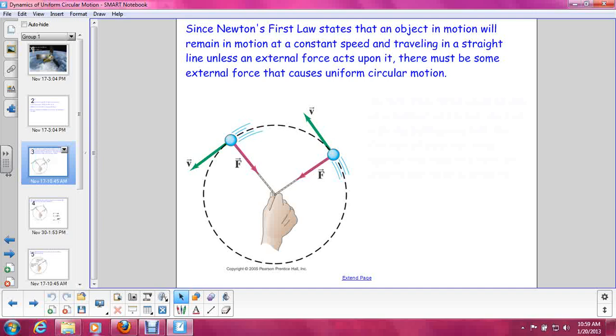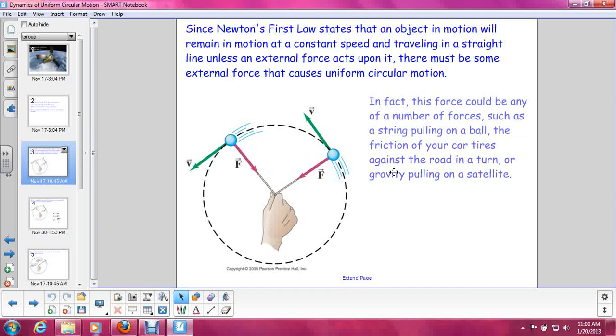So, if we have a string attached to a ball and we're swinging the ball around, something is keeping that ball in a circle. Otherwise, if there was no force acting on that ball to keep it moving in a circle, it would just move off in a straight line at a constant speed. And that is the law of inertia.